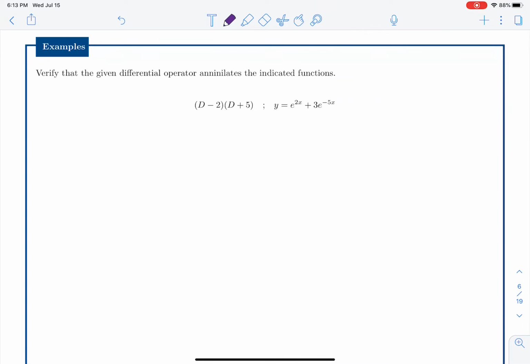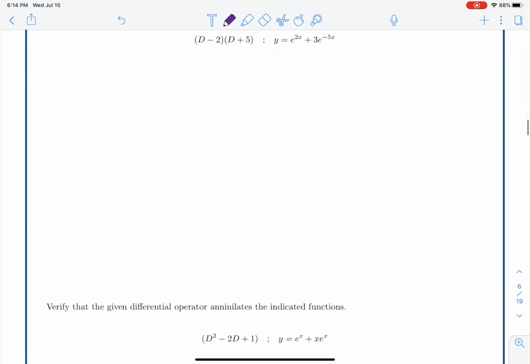We know that D minus alpha will annihilate an exponential, so we have D minus 2 and D plus 5, and we want to see if it would annihilate e raised to 2x plus 3 e raised to minus 5x.